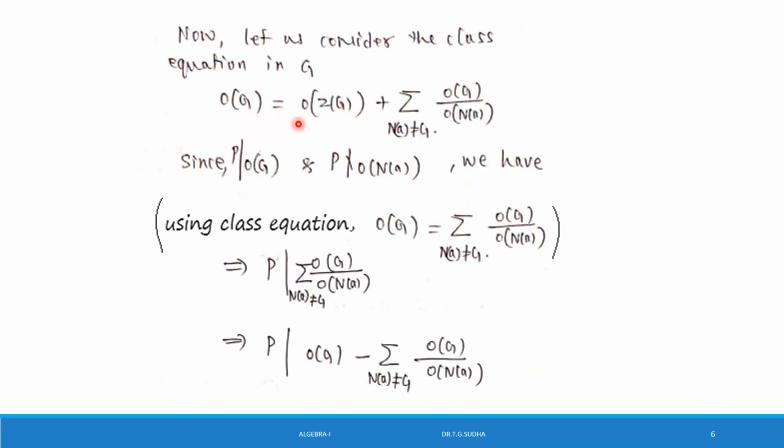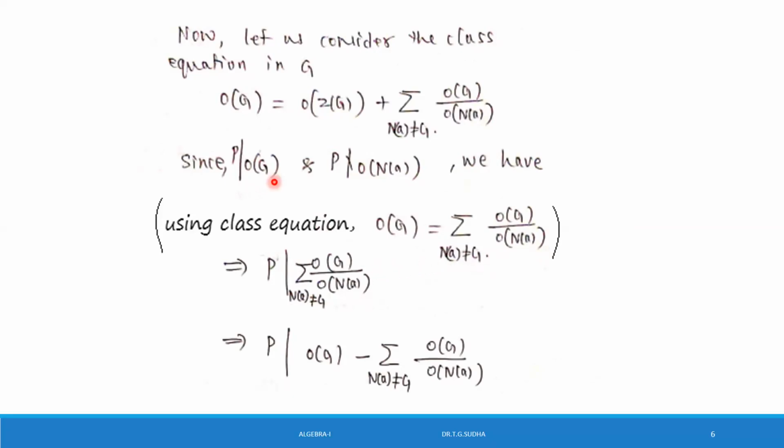So the order of G will be equal to the order of Z of G plus the summation of the order of G divided by the order of N of A, whenever N of A is not equal to G. Since P divides the order of G, and we know that P doesn't divide the order of N of A, P must divide the summation of the order of G divided by the order of N of A, where N of A is not equal to G. This is by the class equation which we obtained in one of the corollaries.